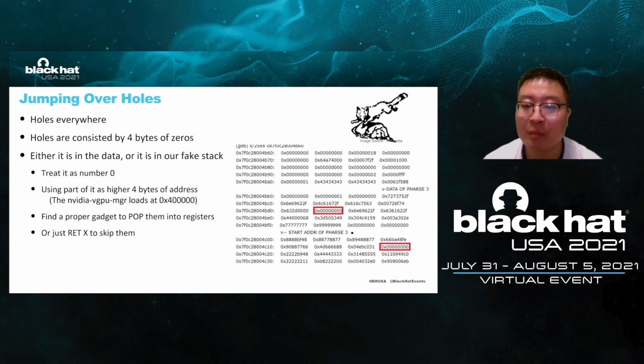The main manager process is loaded on address 4 with 5 zeros, but this is a 64-bit program, so using the 4 bytes of zeros as part of a memory address is feasible. Also, we can choose a suitable ROP gadget to either pop it out or skip it. Adjusting memory layout with those holes is a very time-consuming step in the debugging, so it needs some patience.